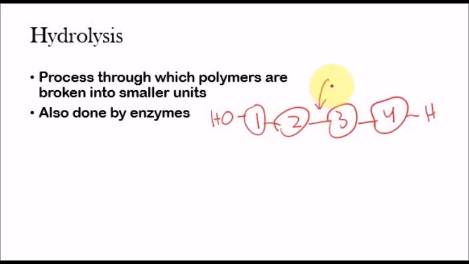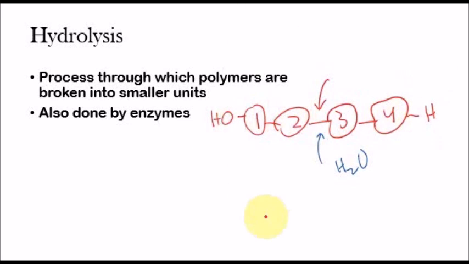What an enzyme will do is introduce water at this bond. A water molecule will be introduced here, and then that water molecule will split apart, and this polymer will be broken down.